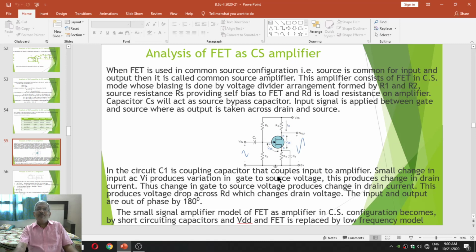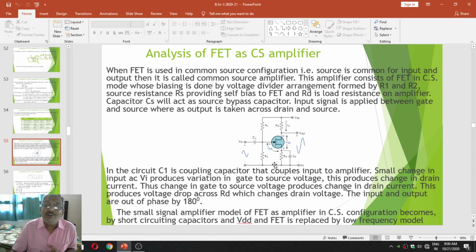Due to this, the output current that flows through the drain is ID, the gate current that flows through the gate is IG, and the source current that flows through the source is IS. Whereas the gate to source voltage is developed due to the biasing of the gate resistances.